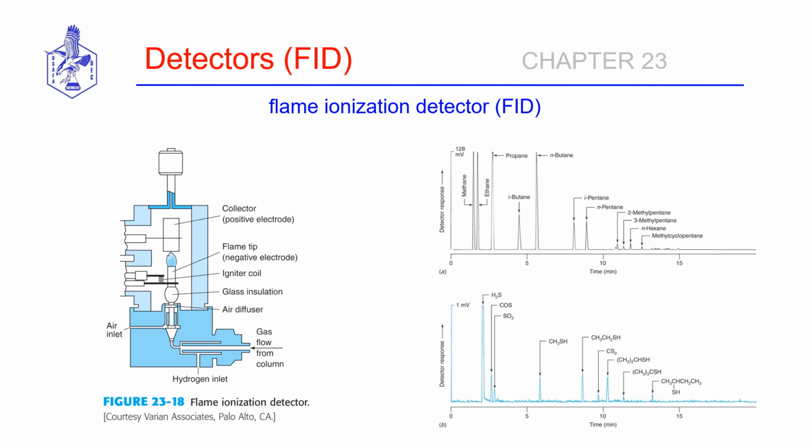How it works, you're going to have hydrogen coming in, and at some point you have your eluent coming off the end of the column.